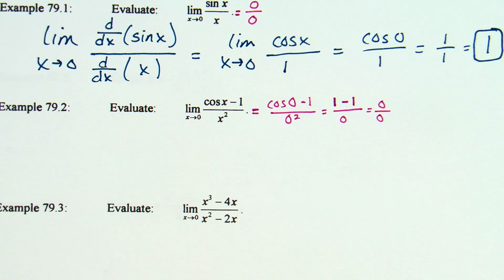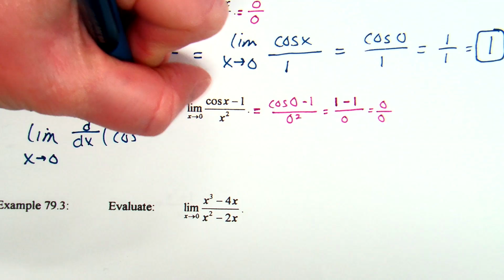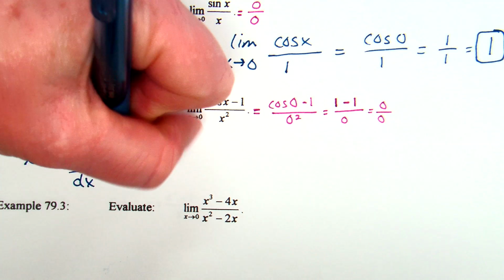So what are we going to do here? We're still going to be taking the limit as x approaches 0. We're going to do the derivative of the top function, so the derivative of cosine x minus 1, and the derivative of the bottom function, which is x squared.